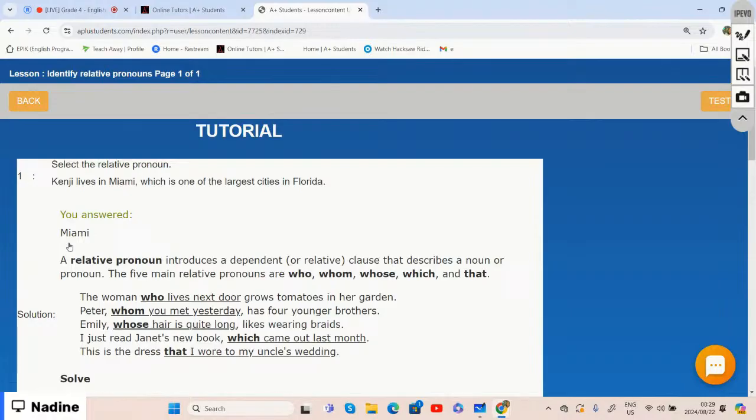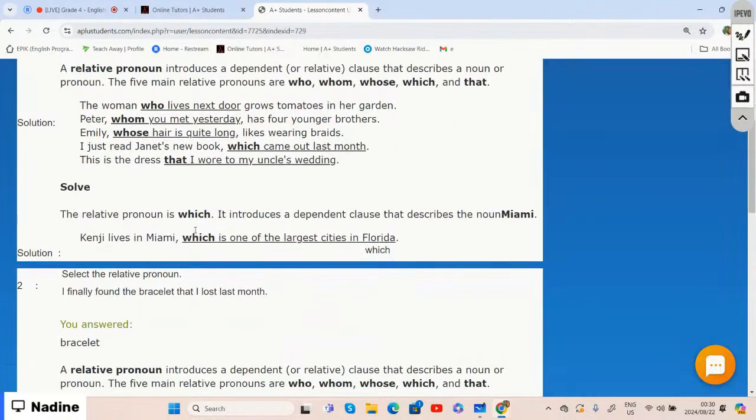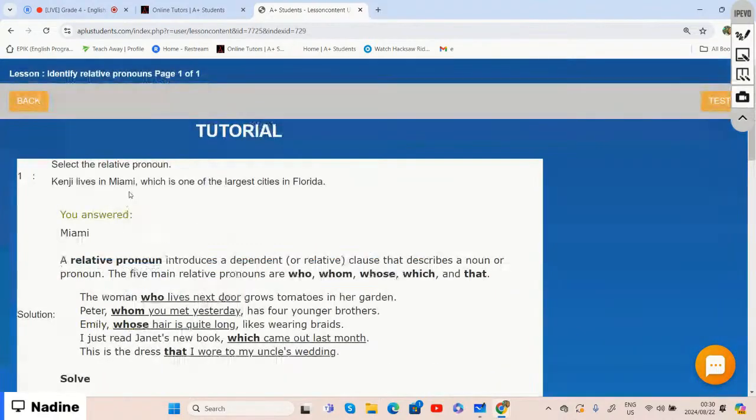It says, Kenji lives in Miami, which is one of the largest cities in Florida. Here we need to once again select the relative pronoun. And remember, we have the five main relative pronouns: who, whom, whose, which, and that.